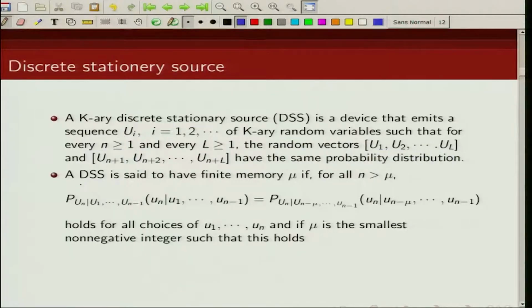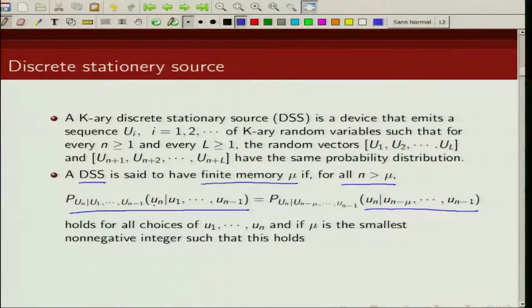Now we say a discrete stationary source has a finite memory mu if for all n greater than or equal to mu, the probability of Un given U1, U2, up to U(n-1) depends only on the past mu values.